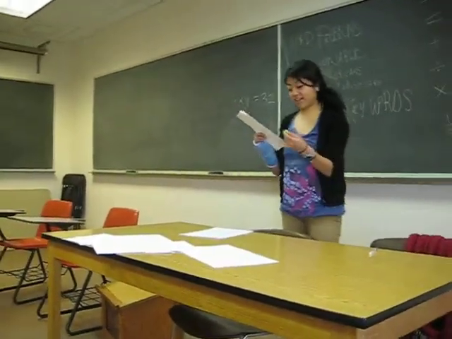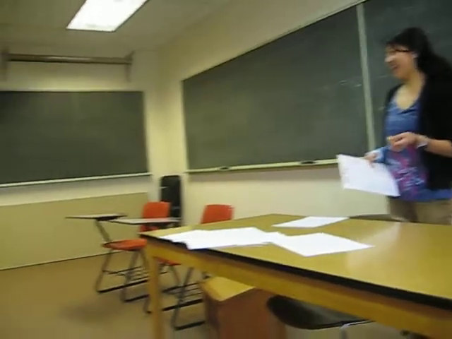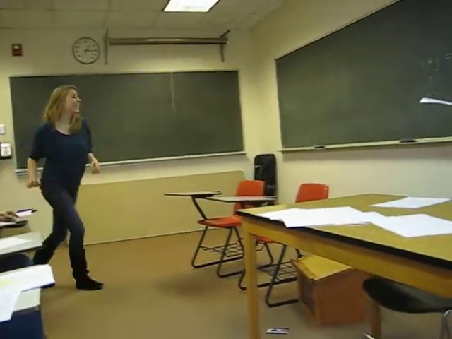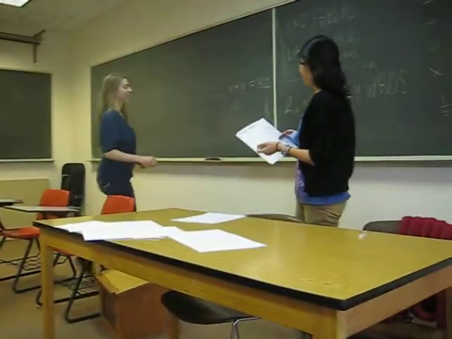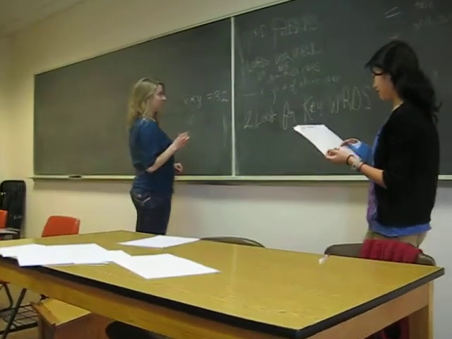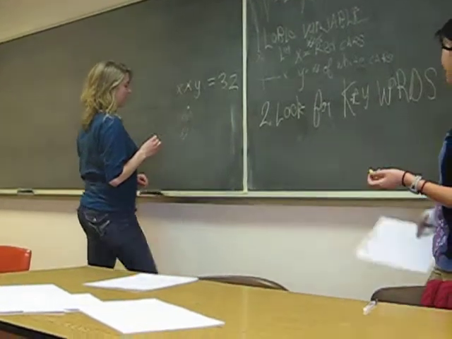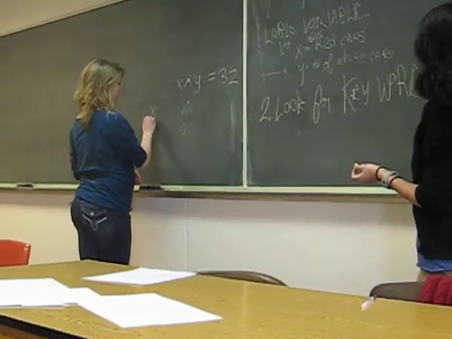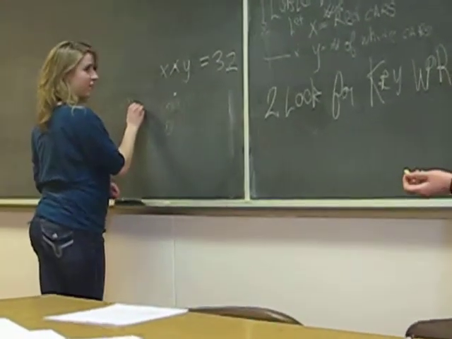Do I have another volunteer maybe? Haley! Great. So what I want you to try to translate is the number of red cars decreased by the number of white cars is 4. X is red cars.